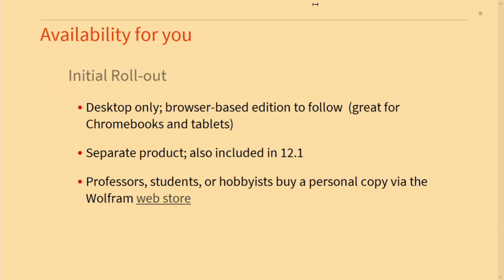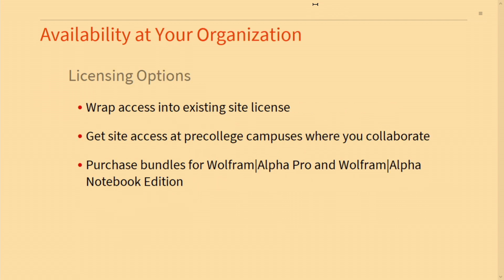It is, as you can kind of gather from Kelvin and my talk today, a pre-college focused product. So we're looking at professors, high school teachers, students, as well as home hobbyists. This is not intended to be a commercial product, especially for the initial release. What about at your organization? Well, many of you come to us from site licensed schools.